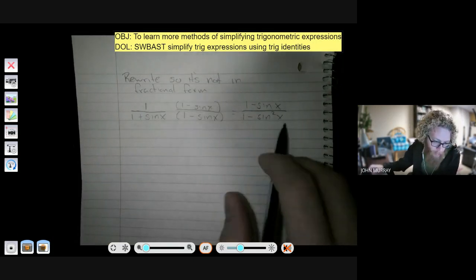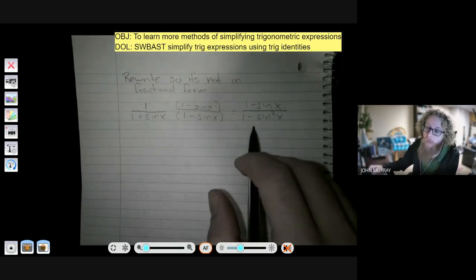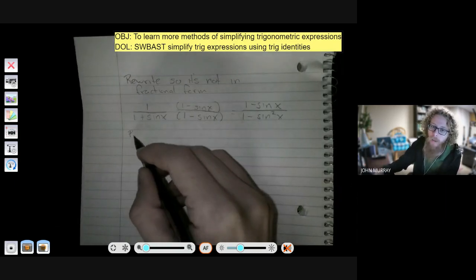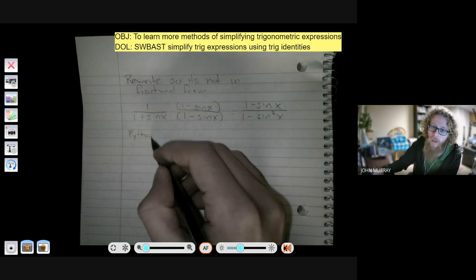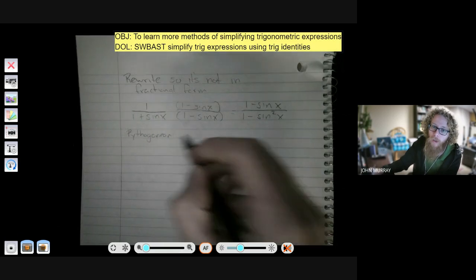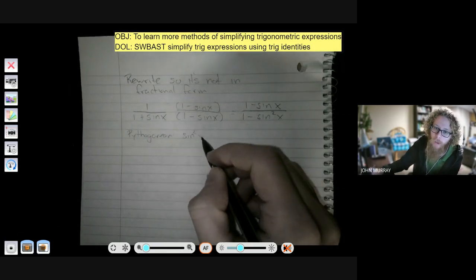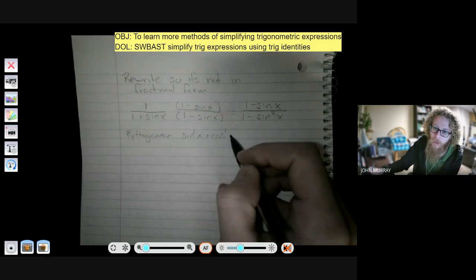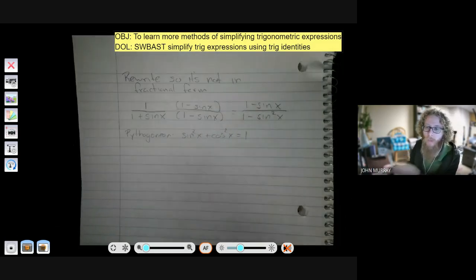So now that I have this, we know that sine squared plus cosine squared equals 1.